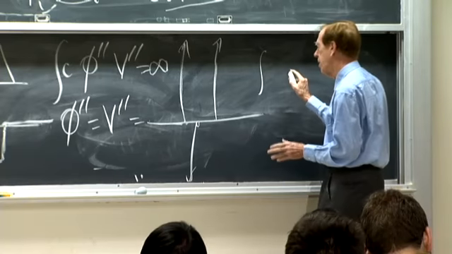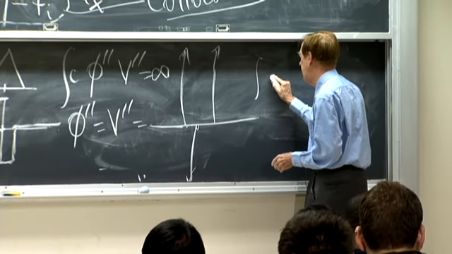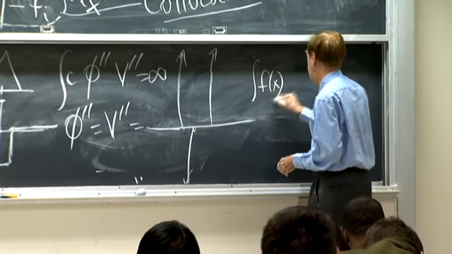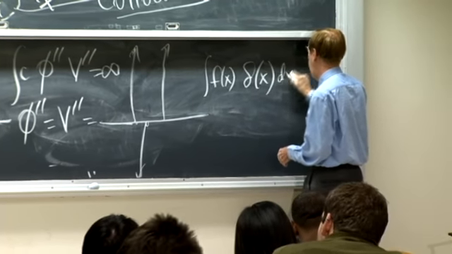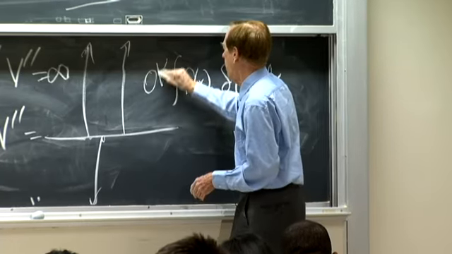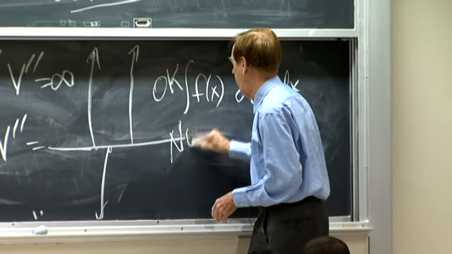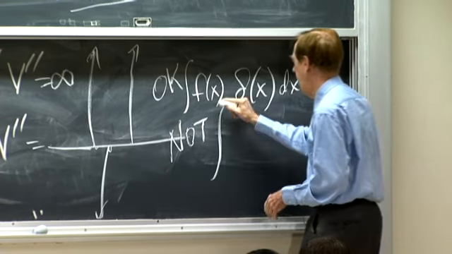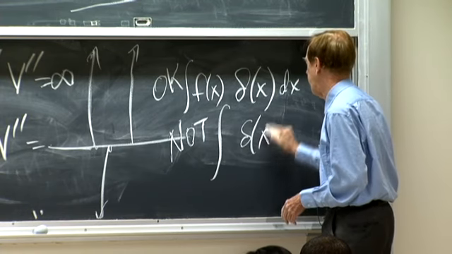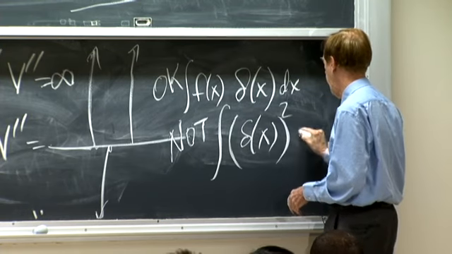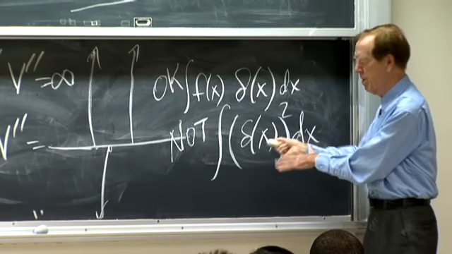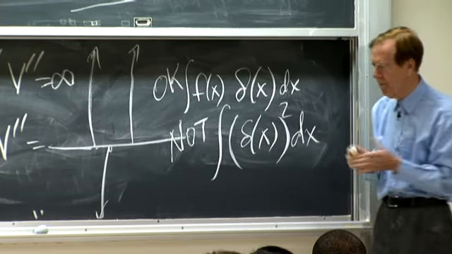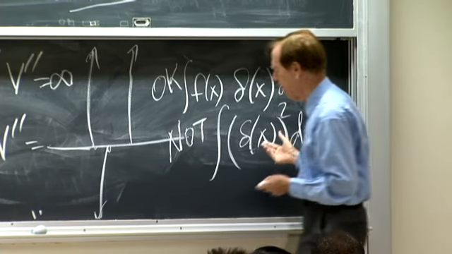I'm okay with a nice function, f of x, times a delta, but not okay for the integral of delta of x times delta of x. That one is infinite. That one is not in our space of functions that we can integrate.